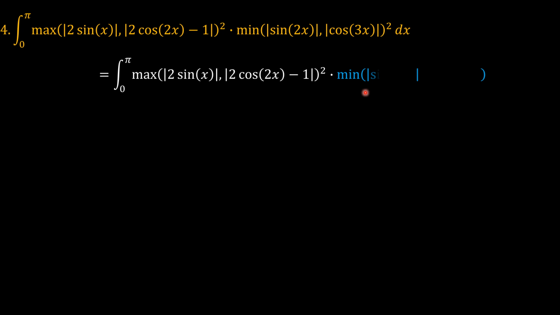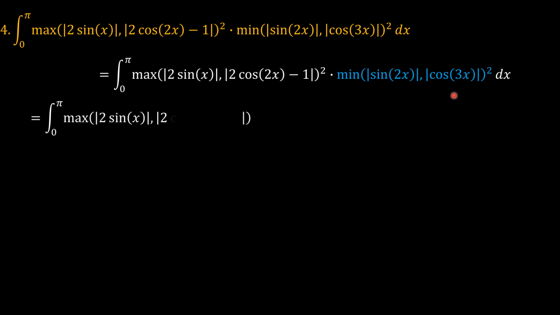Okay, I have color coded the minimum part as blue just to highlight what we're going to be focusing on for now. So let's just focus on the blue part. Let's begin with cosine 3x. Cosine 3x is the same as cosine of 2x plus x, right?